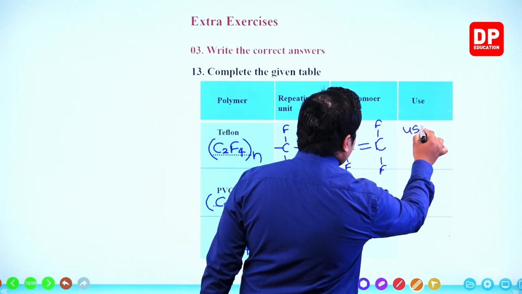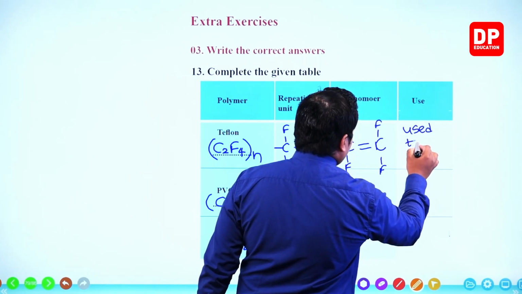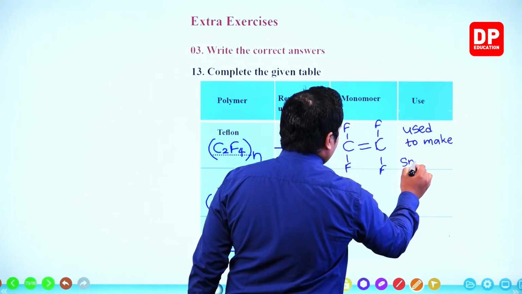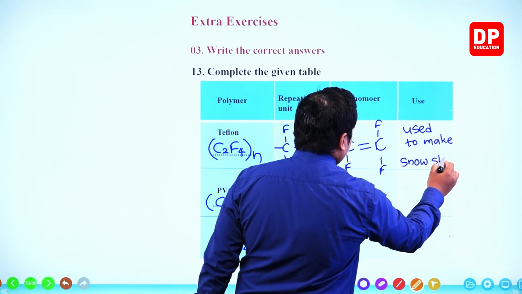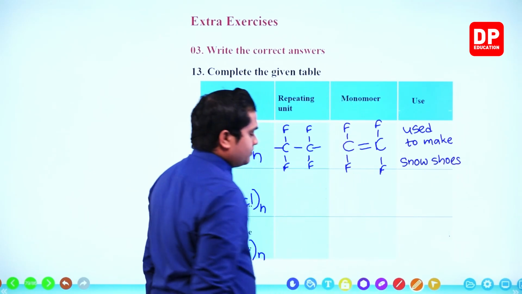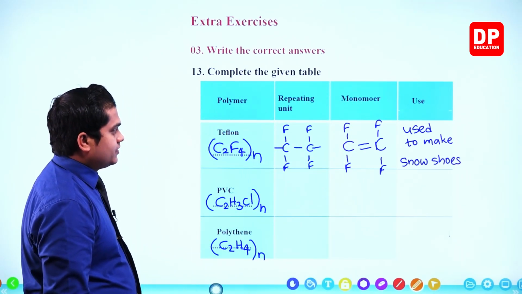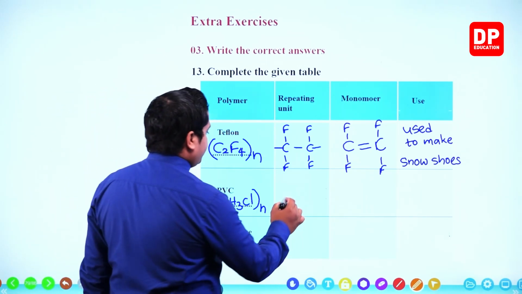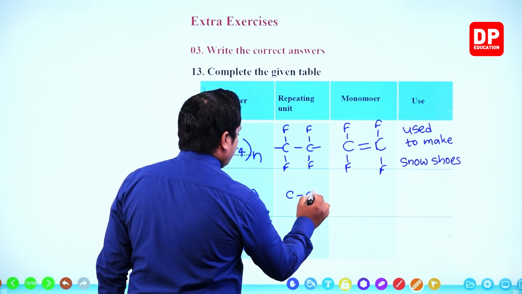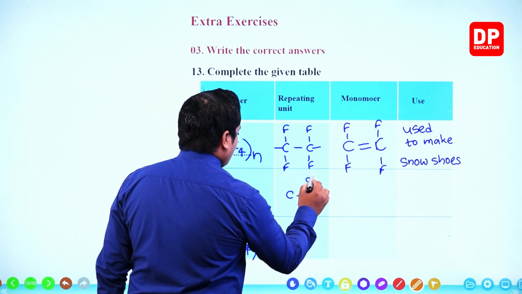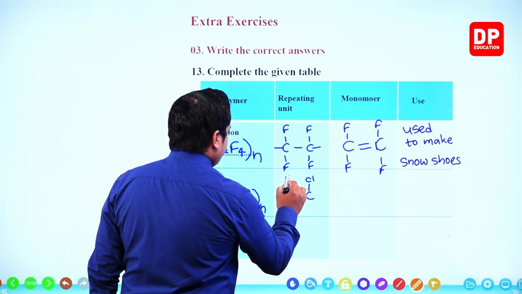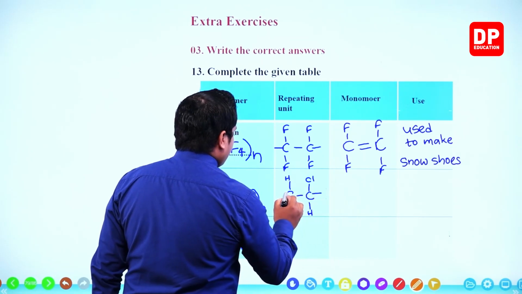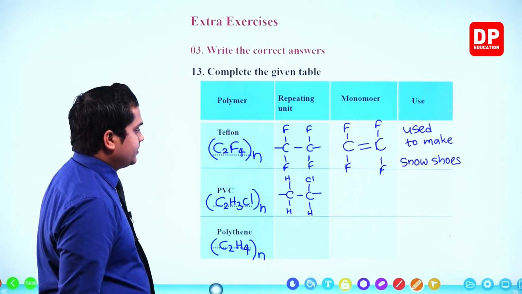Then the use, to make snowshoes. Used to make snowshoes. Then PVC, my dear children. Repeating unit. Carbon, carbon, then chlorine, hydrogen, hydrogen, hydrogen, then this is the repeating unit.